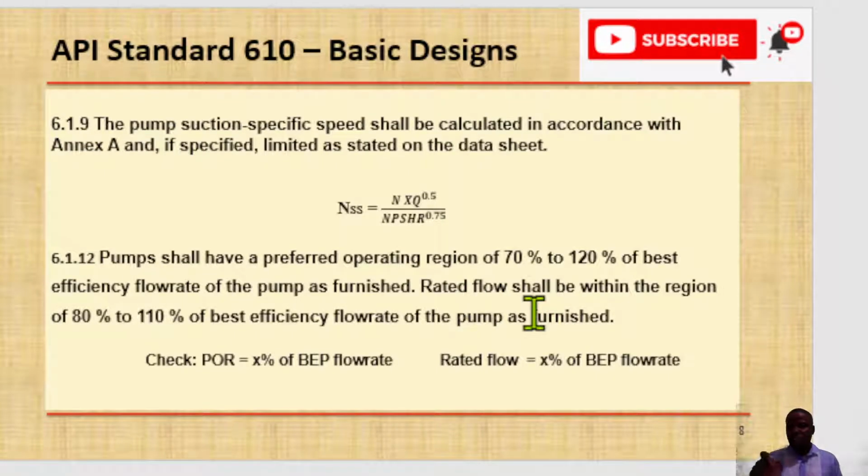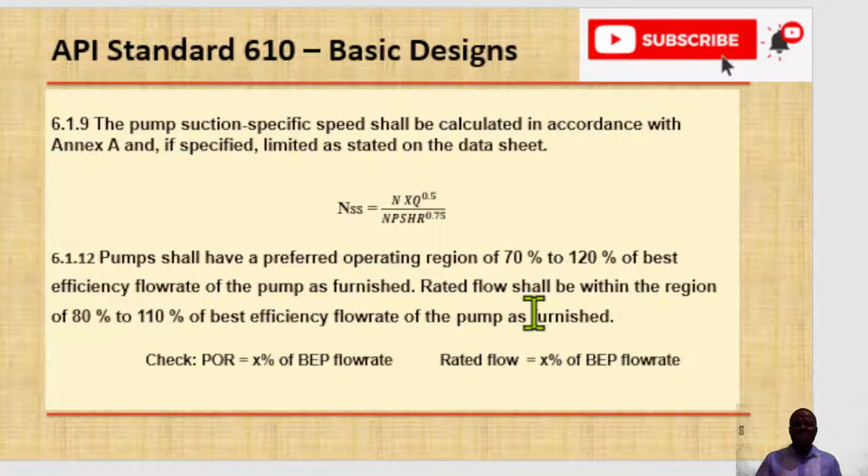So if your rated flow falls outside this range of 80 to 110%, then you have to ask the vendor that please review and get back to me and wait for the response. So if it's not meeting, that means the decision is now yours.